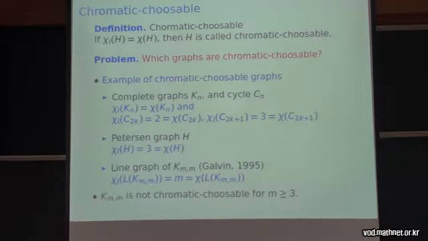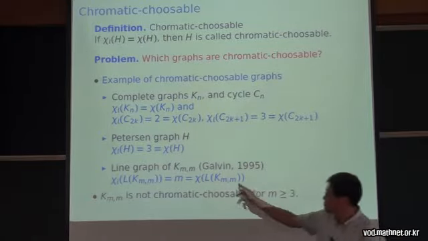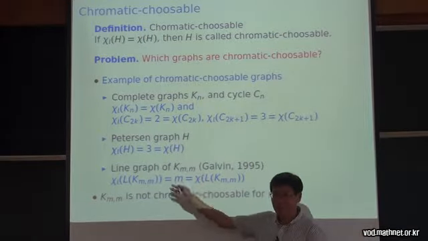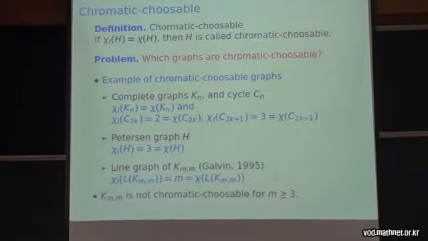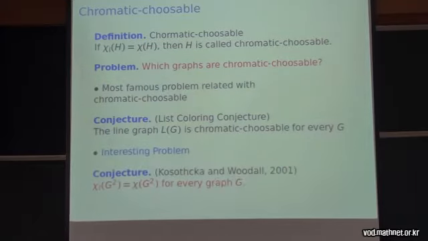Actually, this graph is a famous result in the list coloring conjecture problem. And then there's an interesting question by Kostochka and Woodall. That is, for every graph G, is the square of G chromatic-choosable?